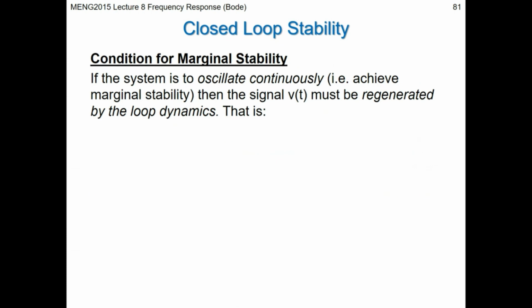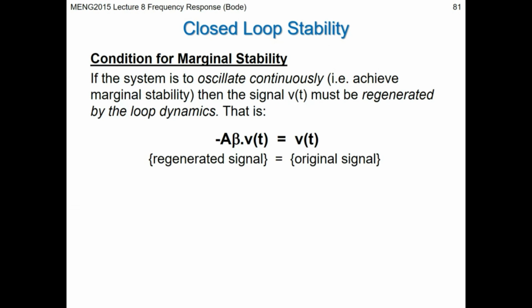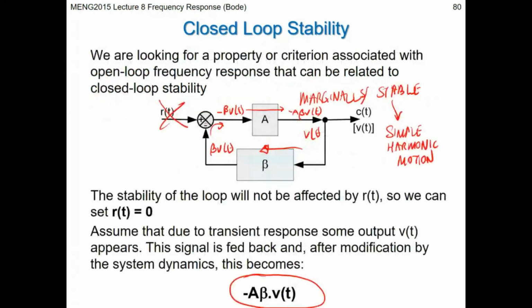So if the system is getting into this state of marginal stability and it oscillates continuously, then the output signal must be regenerated by the loop dynamics. That means that the signal that comes back out, having gone right through the loop, has to be the same as the signal that was already there, because the system's marginally stable.